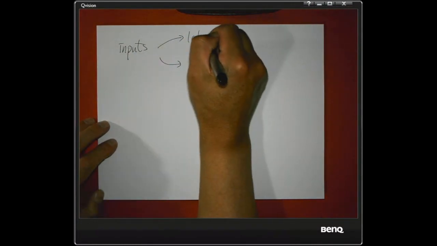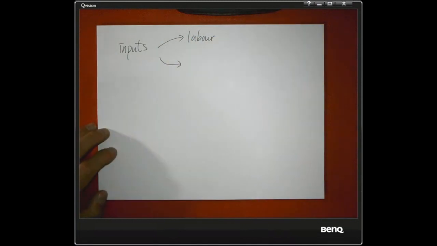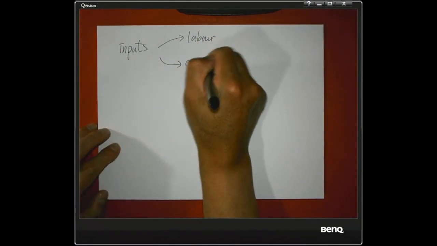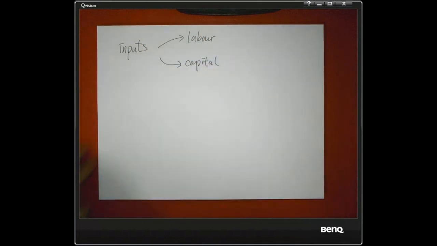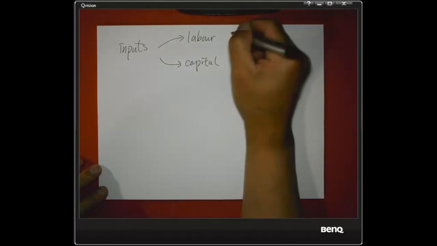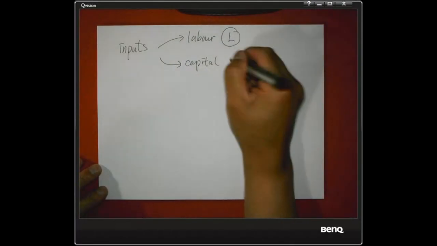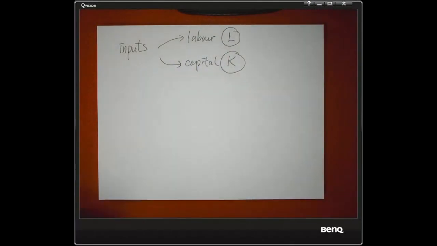One is labor inputs, workers. Next, capital inputs: equipment, factories, tools, machines. These are capital. That is, labor and capital.